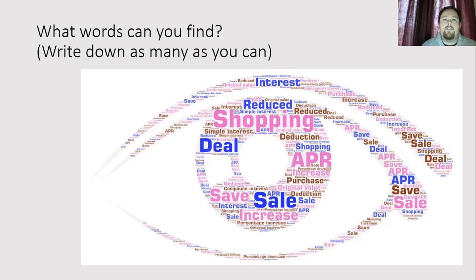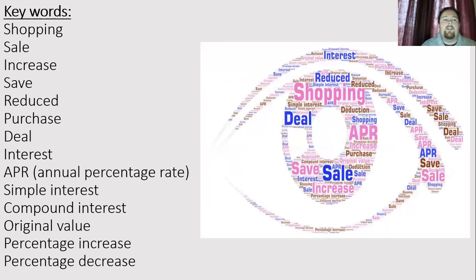Okay, how did you get on? So these are words that are to do with budgeting, shopping questions. So keywords are shopping, sale, reduced costs, prices, increase, particularly percentages, percentage increase. How much have you saved? Reduced prices.